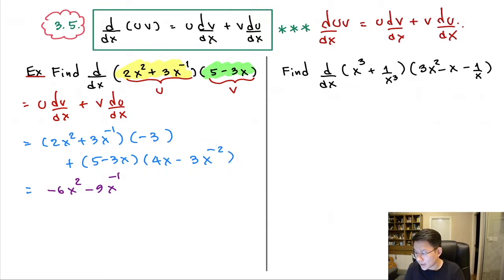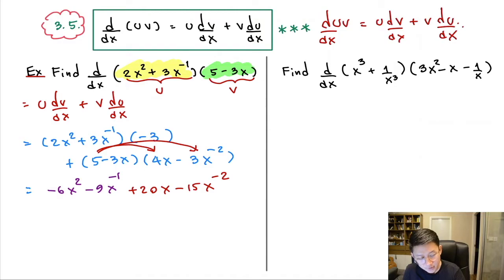So what I need to do is multiply this first, which is 20x, and then it would be minus 15x to the power of minus 2, right? That's that one.